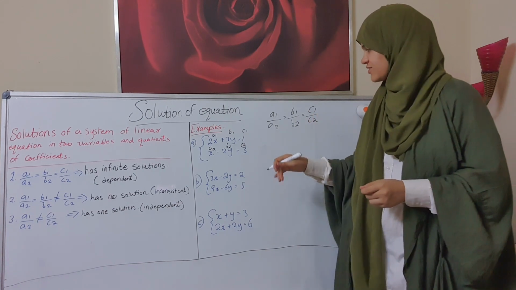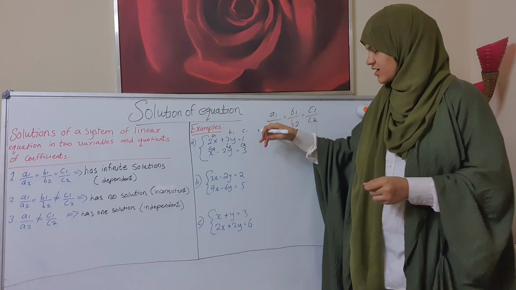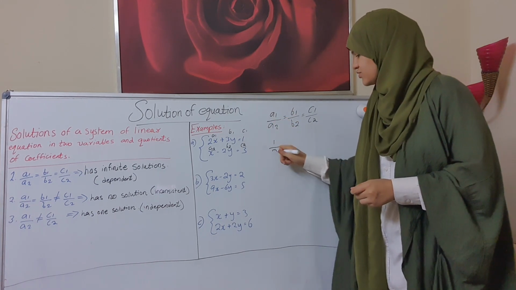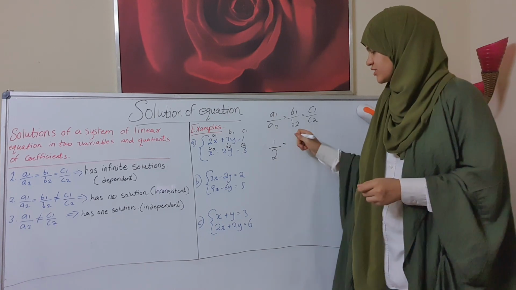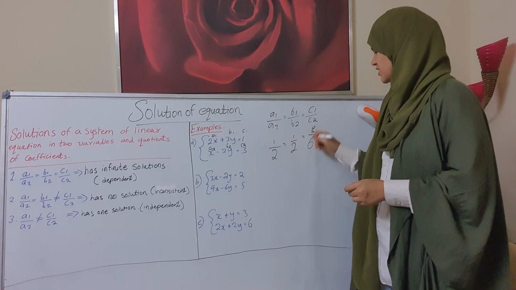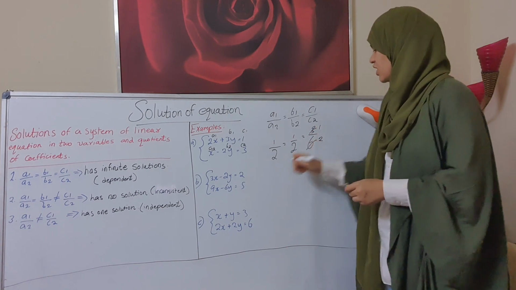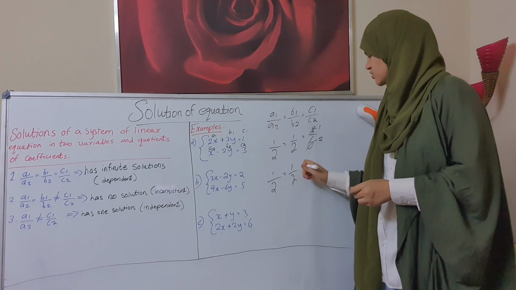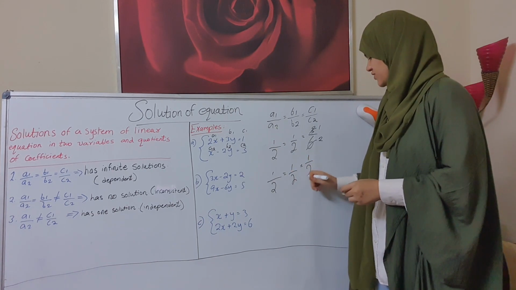In place of A1 and A2, it will be 1 over 2, right? And here the same thing, 1 over 2. And here we have 3 over 6, that means 1 over 2. So 1 over 2 is equal to 1 over 2 is equal to 1 over 2.